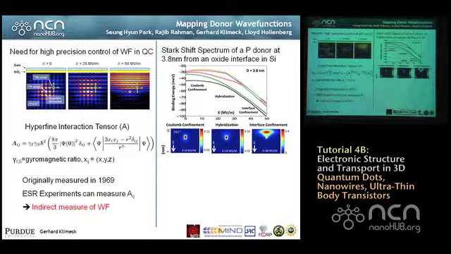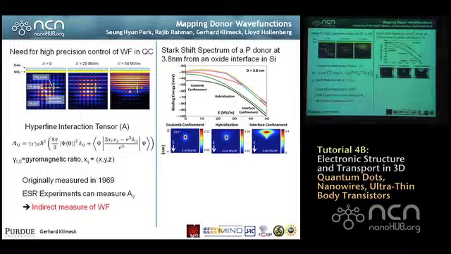But consider the following thought experiment. You have an impurity here in the center and it binds an electron to it. If you had a slightly different silicon atom here, a silicon-29, it's a different isotope, it will have a different hyperfine interaction of the electron wave function with the nucleus.